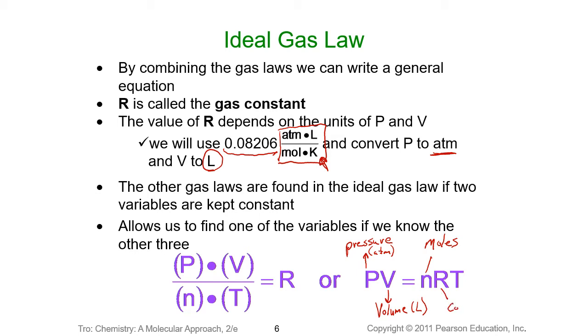R is the constant, 0.08206, and we have atmosphere liters per mole Kelvin. And T is the temperature, and that is in units of Kelvin. So our ideal gas equation is PV equals nRT.